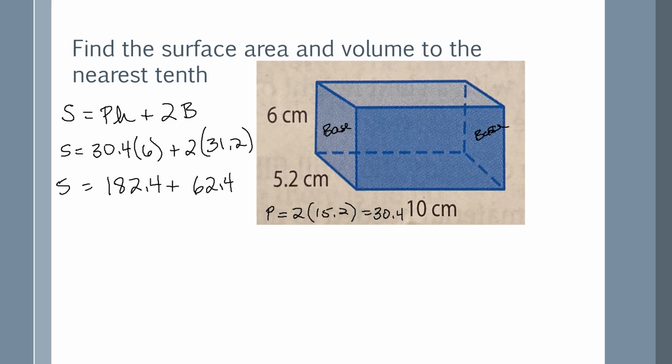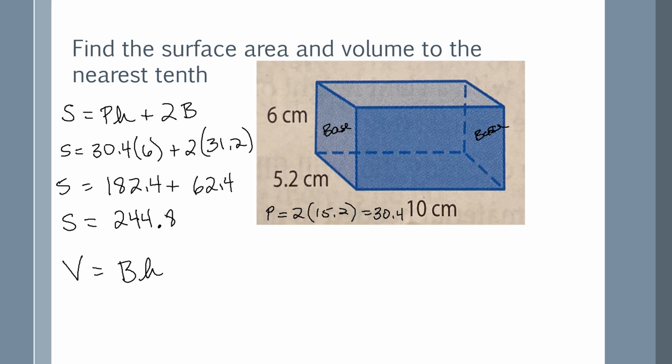So our surface area is 182.4 plus 62.4. That's 244.8. Okay. The volume is length times width times height, or we would also say the area of the base times the height.